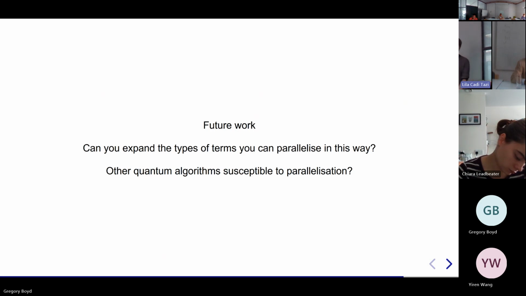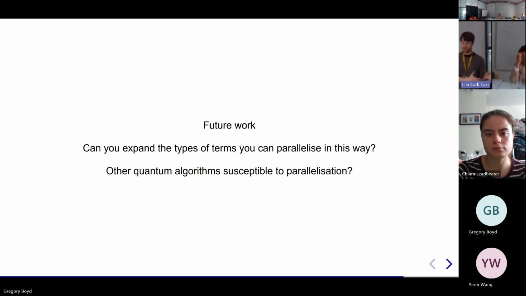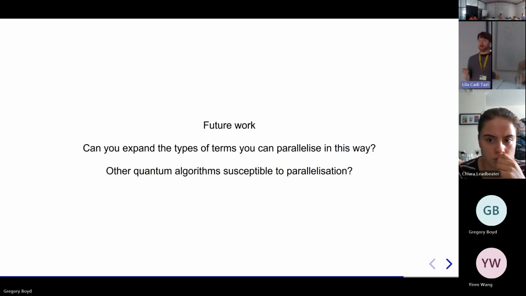So that kind of leads me on to the end of my talk. And I think this is kind of an interesting way to think about quantum algorithms. For example, can you take this scheme and try to expand the kinds of terms you can parallelize? Can you do things other than Pauli, or I believe you can relax the linear independence condition somewhat by using extra qubits?